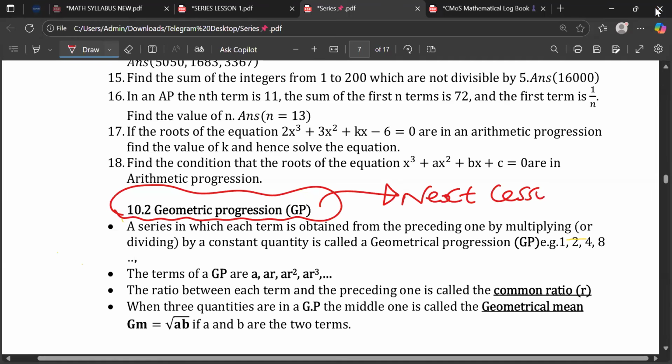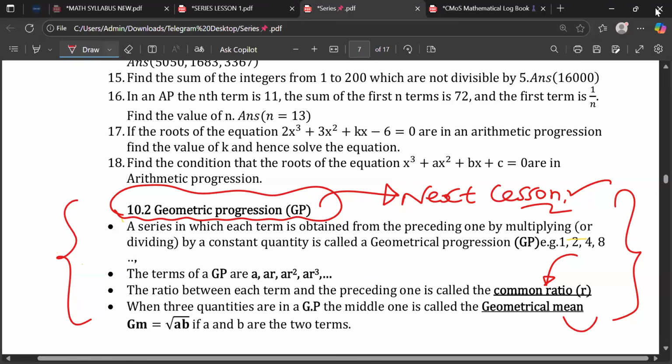And I'll come here, we do GP. I didn't want to do them at once because you could get confused. But I just gave an introduction. These things of common ratio, you even know geometrical mean. I said those words. So when I come back, things will be a bit easier.